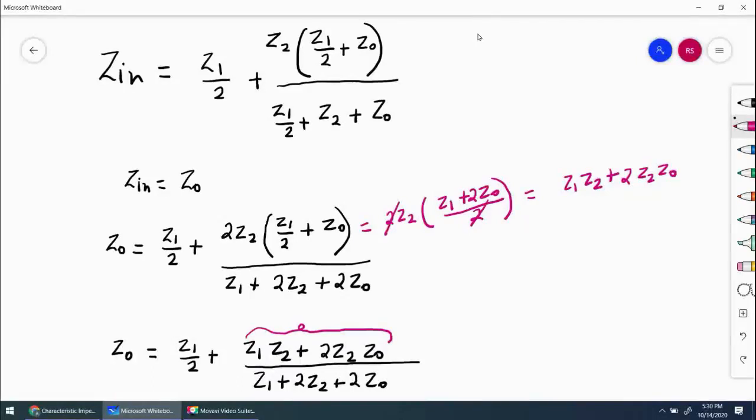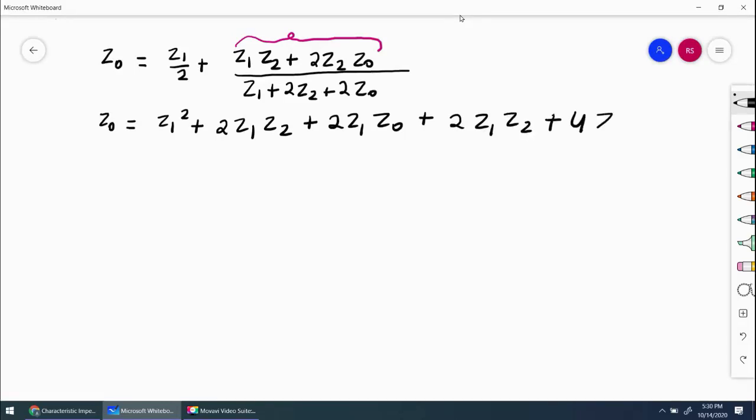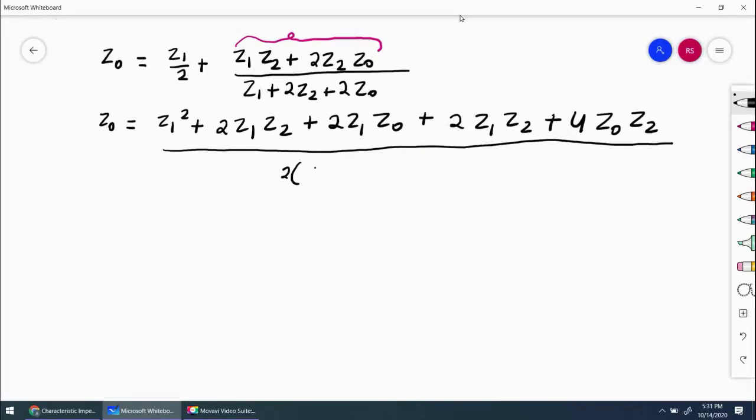Next we'll move forward. Z0 is equal to Z1 square plus 2Z1Z2 plus 2Z1Z0 plus 2Z1Z2 plus 4Z0Z2, whole divided by 2 times Z1 plus 2Z2 plus 2Z0.